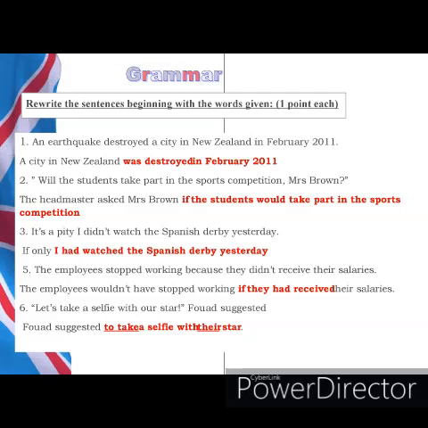Number 5. The employees stopped working because they didn't receive their salaries. ما خدموش ما خدوش صالير حبسوا الخدمة دونك حنا اش غادي نخدمو هنا the employees wouldn't have stopped working if they had received their salaries.